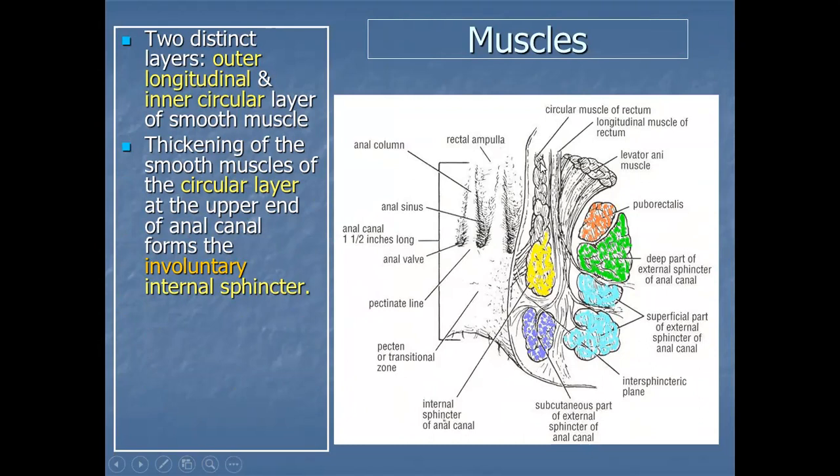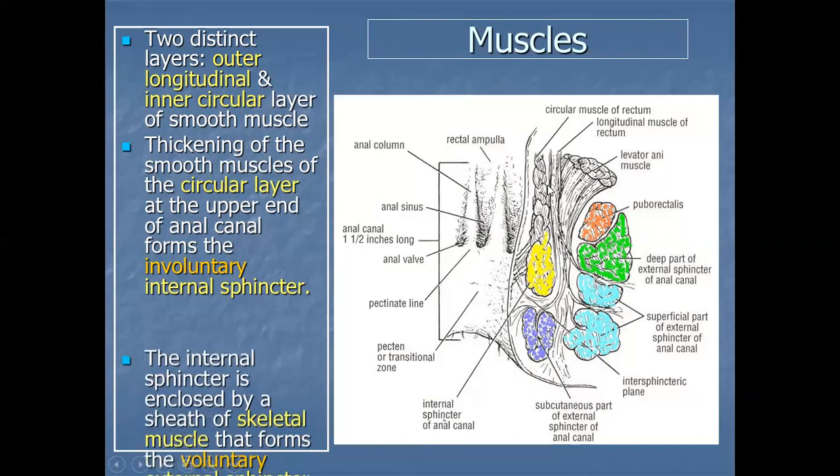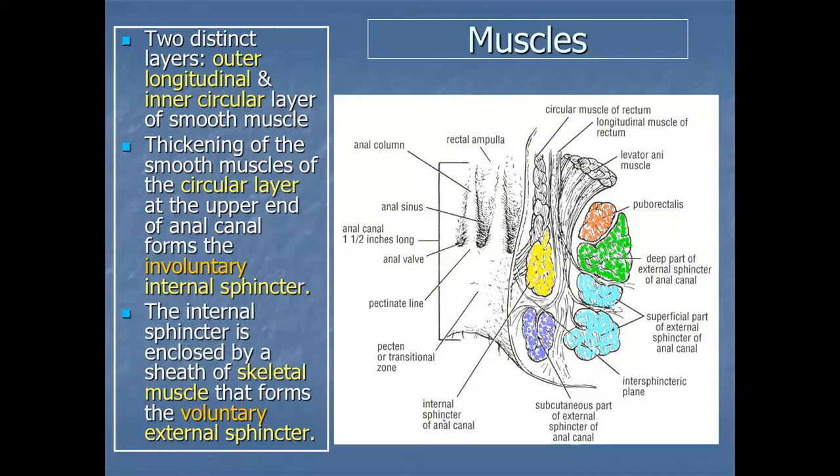This is involuntary because it is controlled by the autonomic nervous system. It is continuous with the circular smooth muscle of the rectum.